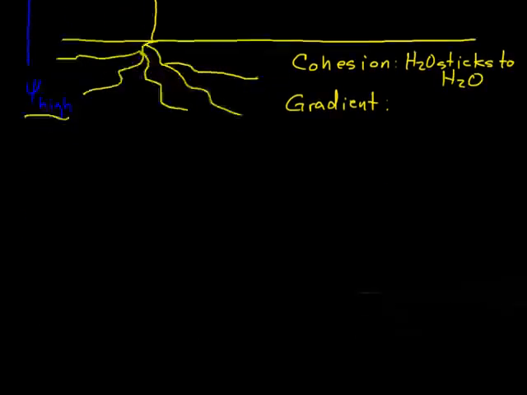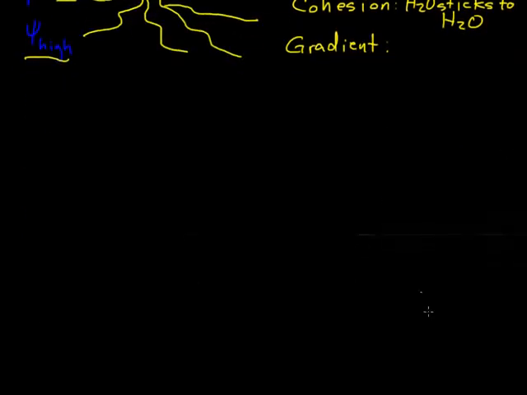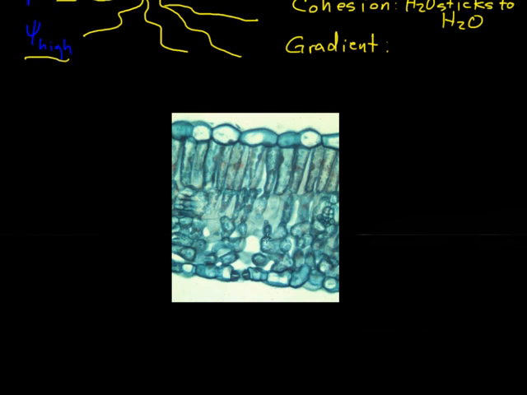If we were to depict this in another way, by looking at our leaf cross section here, the easiest path for water to get from inside of the leaf to the outside in the atmosphere is through one of these stomatal openings. And indeed, that's how the water gets out and diffuses along its gradient to the low water potential out here in the air.